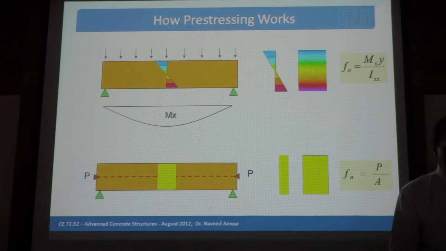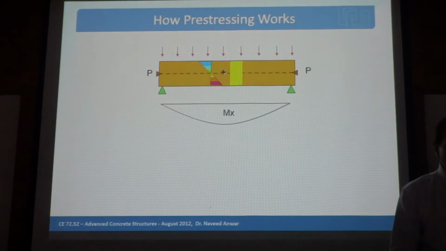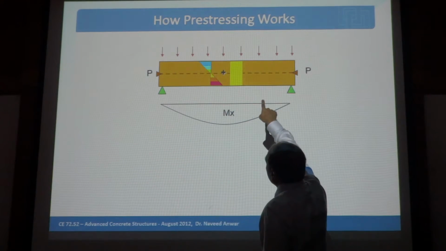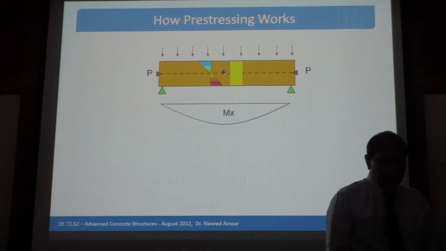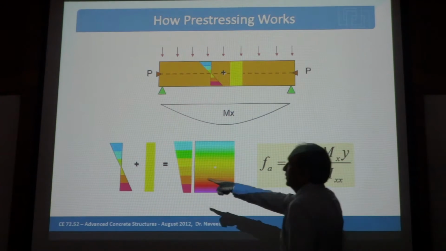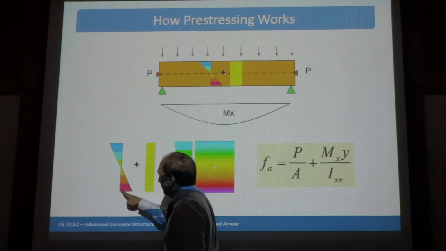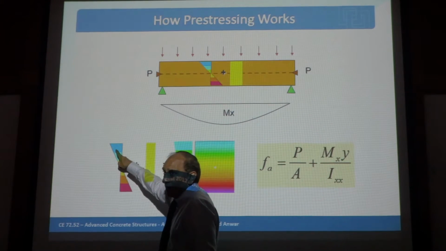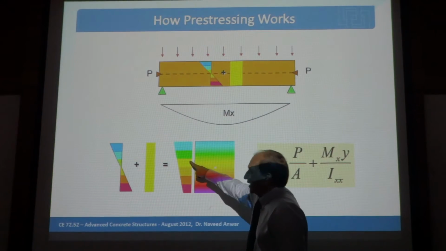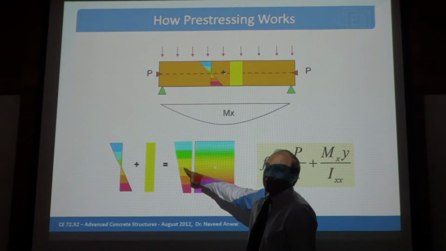Now if you put them together, what will happen? We put that one and P together, sum them together, then you will get this situation. You will get the stress from the bending moment plus the stress from the axial force, and the stress diagram may become like this depending upon the force.